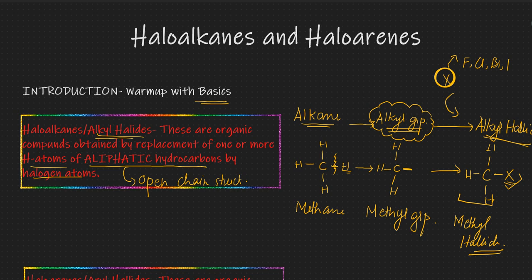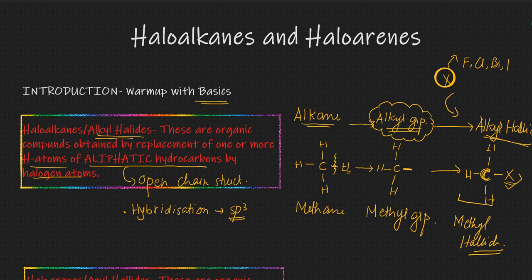Now what is the hybridization of this particular carbon atom? We will say that this carbon atom is sp3 hybridized. Hybridization is a concept we have already discussed in earlier classes, but let's have a quick recap. When we say a carbon is sp3 hybridized, it is because it is attached to 4 atoms.